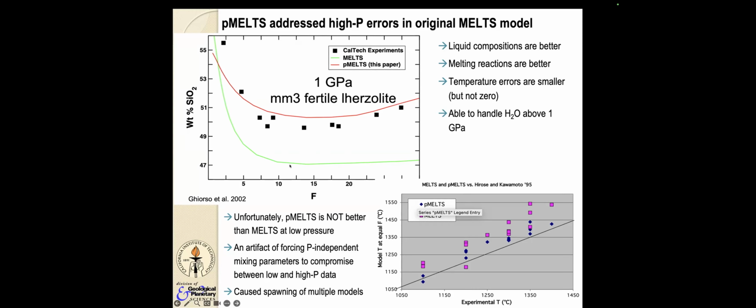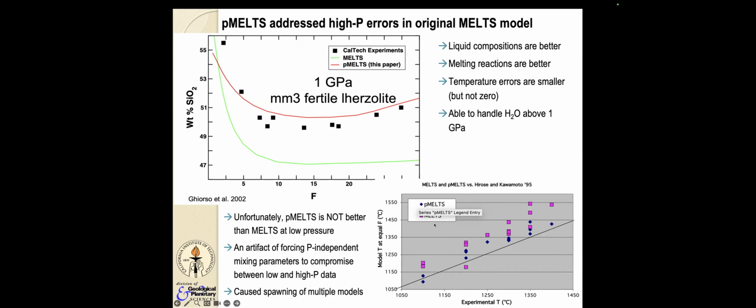That's not so great. So pMELTS was created by adding lots more high pressure experiments and making some other modifications to the equations of state underlying the model, which leads to the red prediction, which is much better. Also, here you see the experimental temperatures and the temperature at which the model yields the same melt fraction as the experiment.